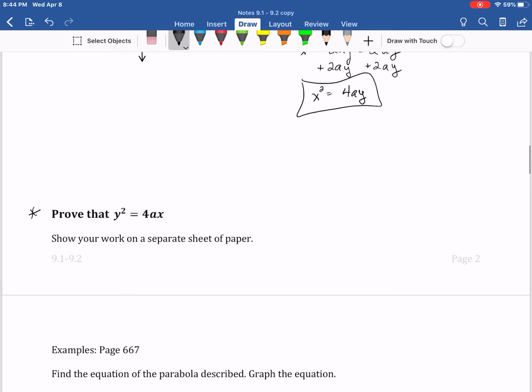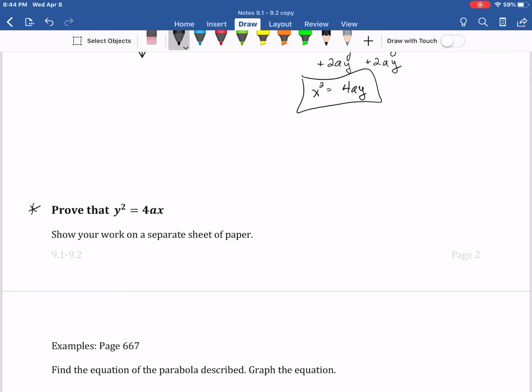There's a part down here at the very bottom of your sheet that says to prove that y squared equals 4ax. I'm going to ask you to go ahead and do that on your own paper, and let's make that due for a grade.